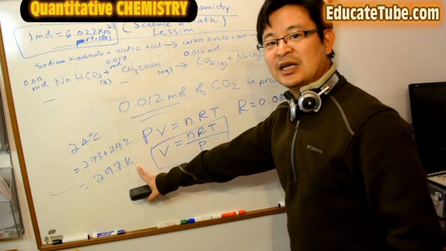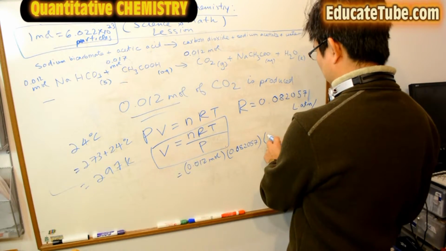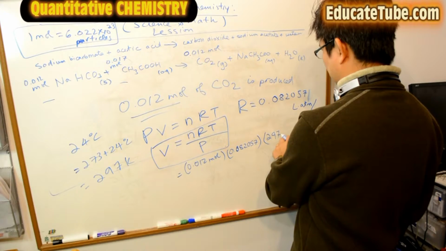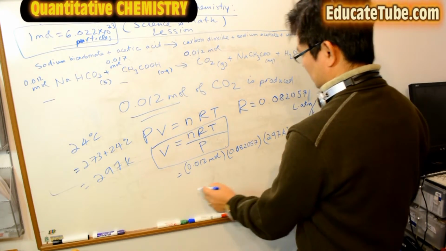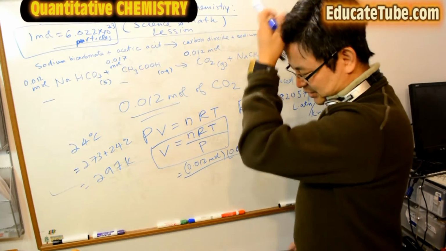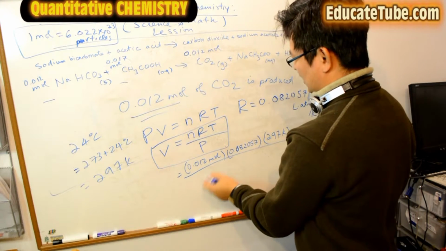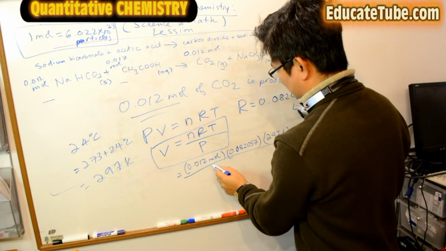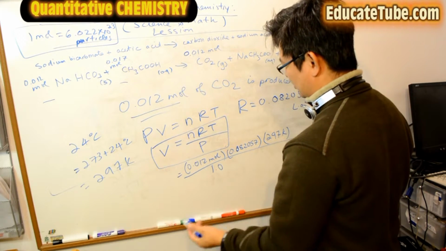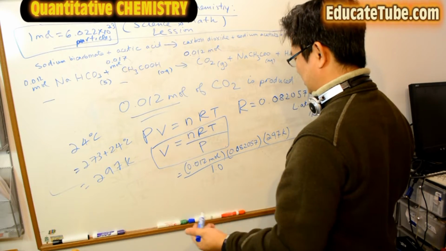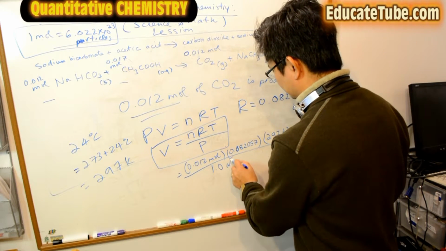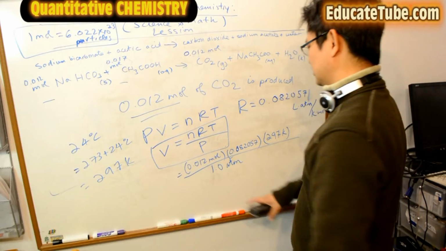So that's the temperature in Kelvin. We're going to put 297 Kelvin. Okay, divided by the pressure. I said already to keep it in atmospheres, right? 1.0 is the standard atmospheric pressure in this room. It's about that, okay, at sea level. So we're going to have that.